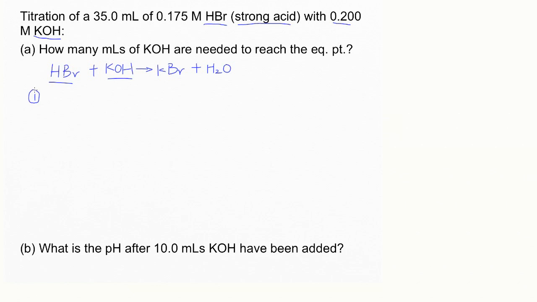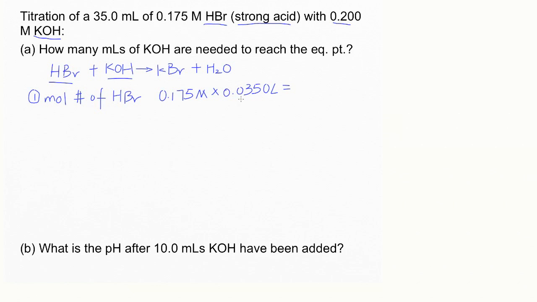So step 1 is the mole number of the hydrogen bromide. That would be 0.175 mol per liter times 0.0350 liter.